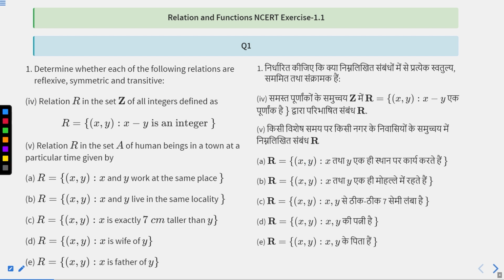In question 1 part 4, the question says to determine whether these relations satisfy reflexivity, symmetricity or transitivity.